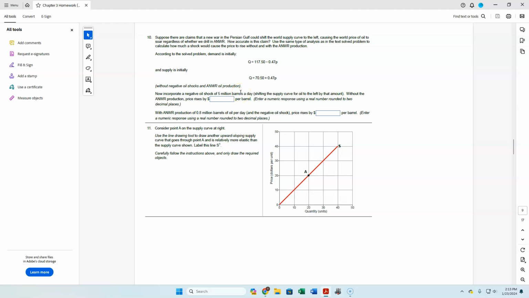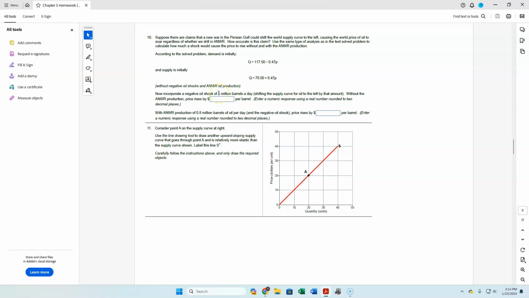So that's going to take us to, sorry, I'm just looking at this really quickly here. Oh, sorry. I was like, why is that 5? Mine was 2, sorry. I took mine, it was 2 million barrels a day. So I took mine down to 68.5.